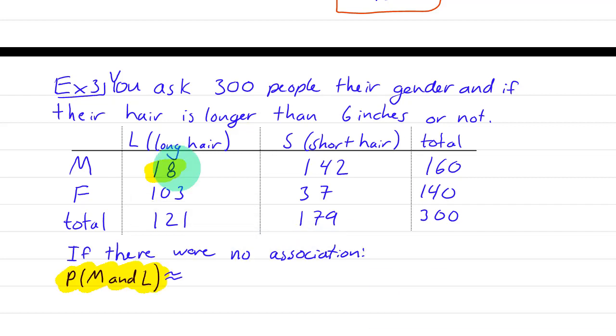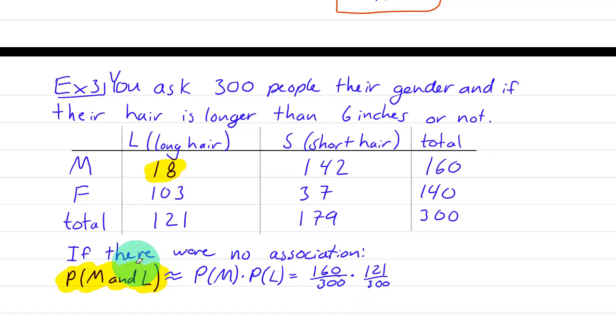So if these were independent, then the probability of one of these random people being male and long-haired would be the probability of M times the probability of L. And so the probability of M here is, let's see, 160 out of 300, a probability of getting a random man a little bit more than 50% because it's random, times the probability of a long-haired person, which is 121 out of 300.